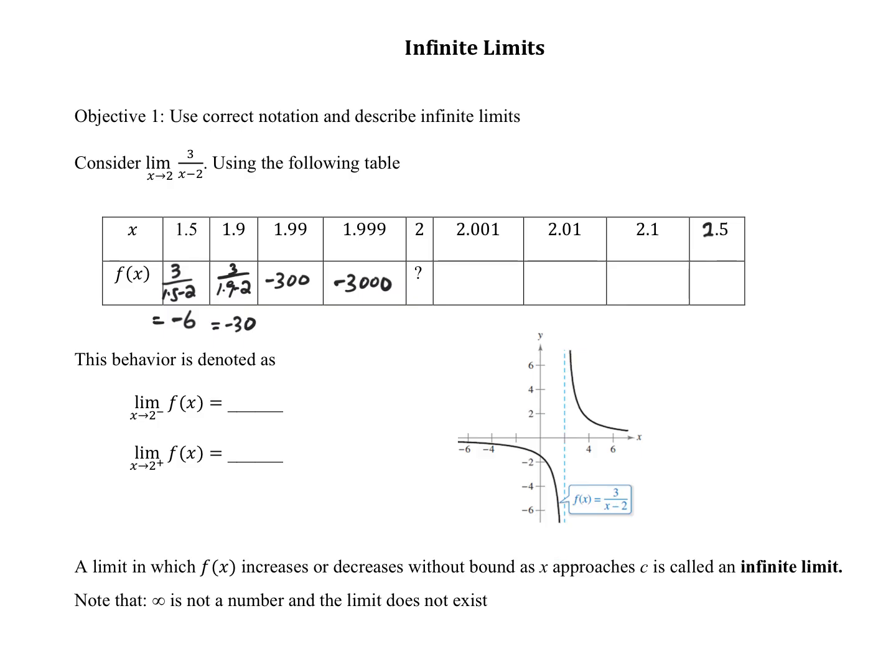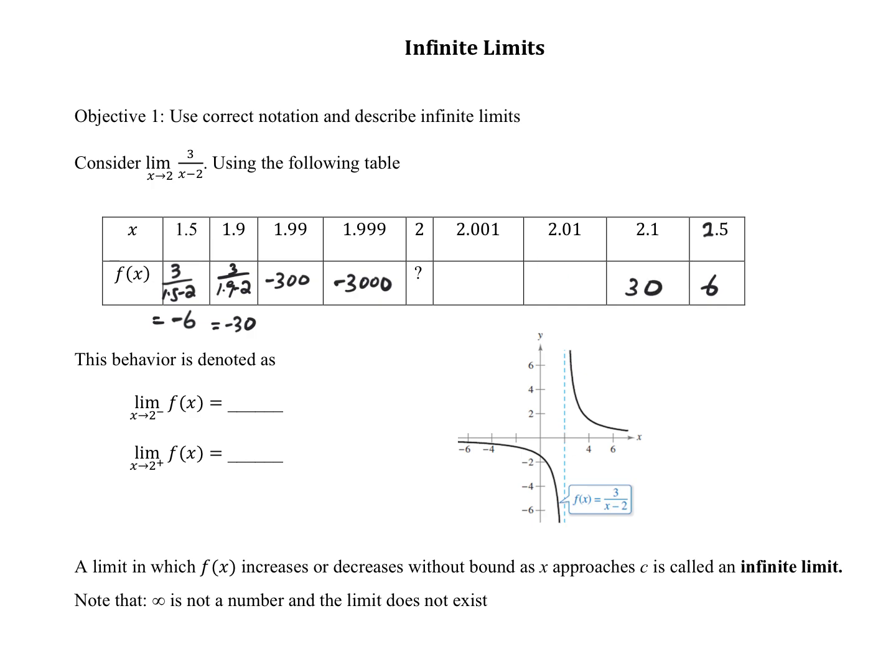And what happens when x is approaching 2 from the right? We can also find the y values using these x values. So when x is 2.5, 3 over 2.5 minus 2, which is 3 over 0.5, it's going to be 6. And when x is 2.1, 2.1 minus 2 on the bottom is 0.1, and 3 over 0.1 is 30.